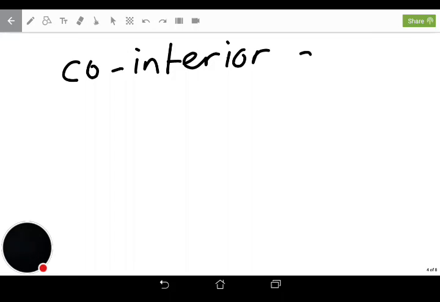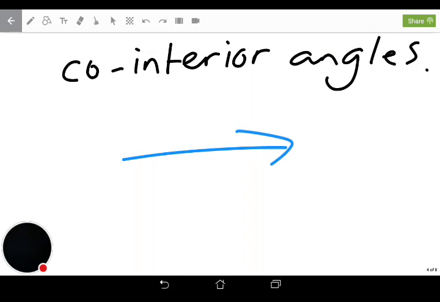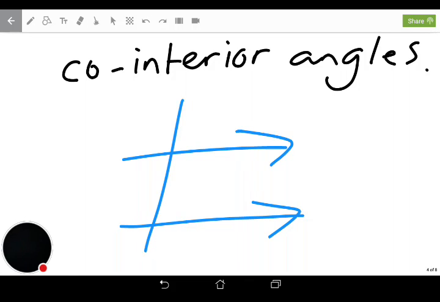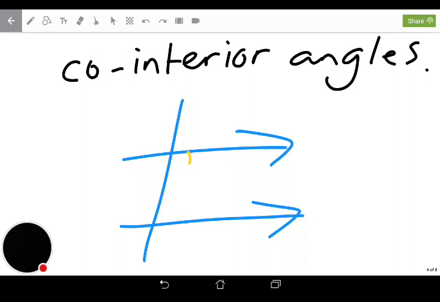Okay, now just having a look at co-interior angles.